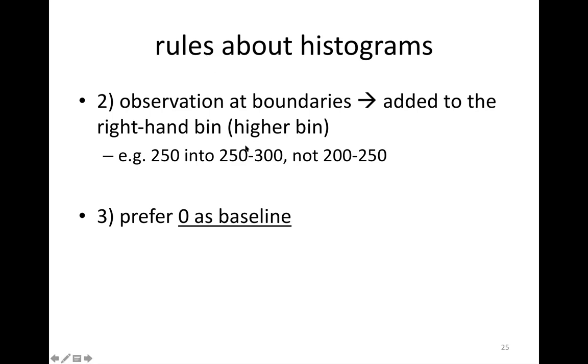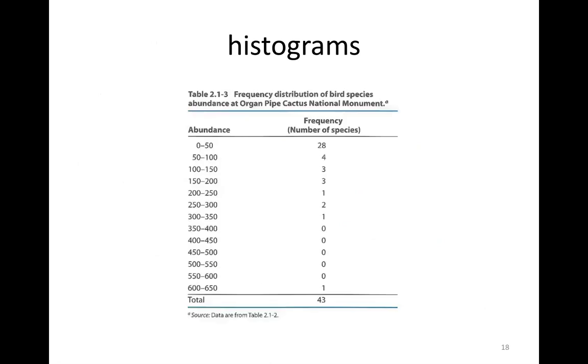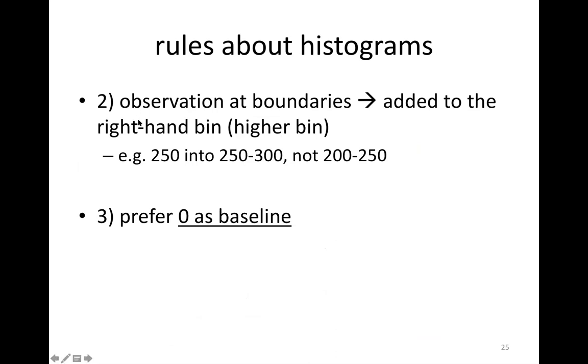What they do is, when we have boundaries that overlap, so here 0 to 50, 50 to 100, if we had exactly 50, which bin should we include it in? And the rule is to add those observations to the right-hand bin, so to the higher bin.